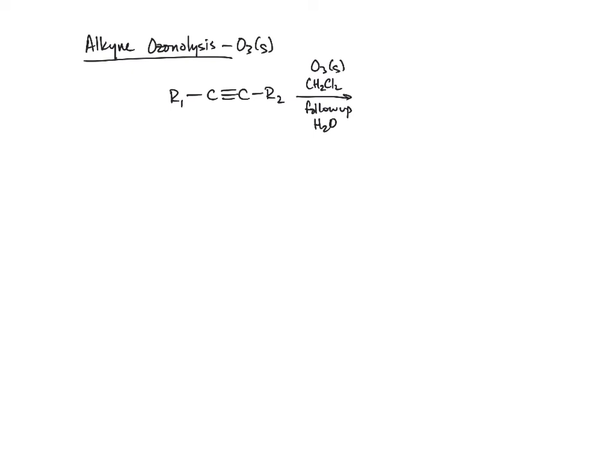And so what this does is cleaves the triple bond. So we have a sigma bond, we have 2 pi bonds. That's the triple bond. So it's cleaving that total. Now count 1, 2, 3.